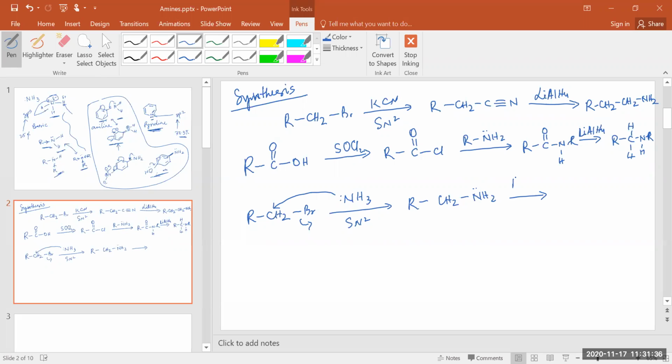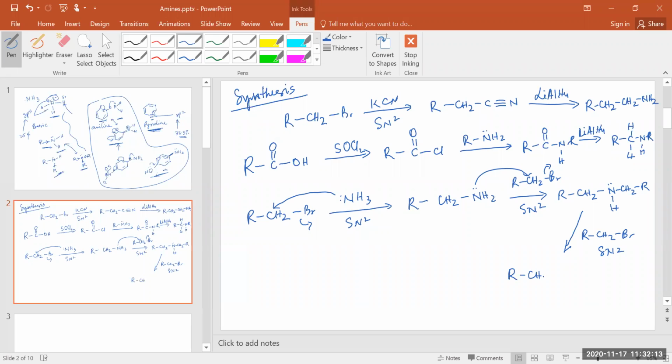So this reacts with another alkyl halide via SN2 reaction and makes a secondary amine. Secondary amines are more basic, more nucleophilic than ammonia and primary amine, so it further reacts in another SN2 reaction.